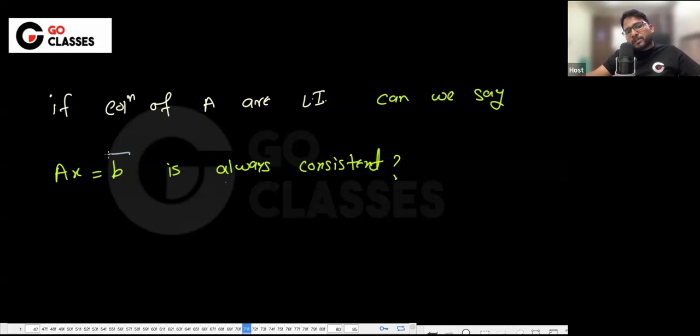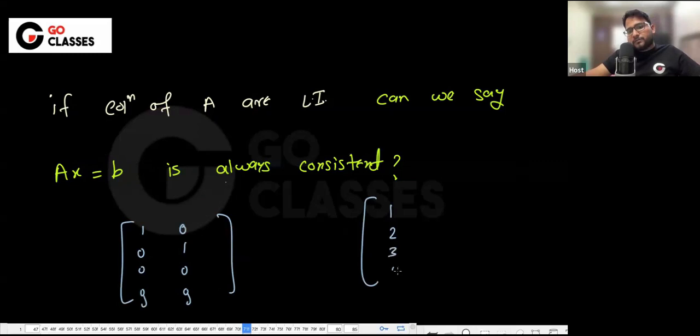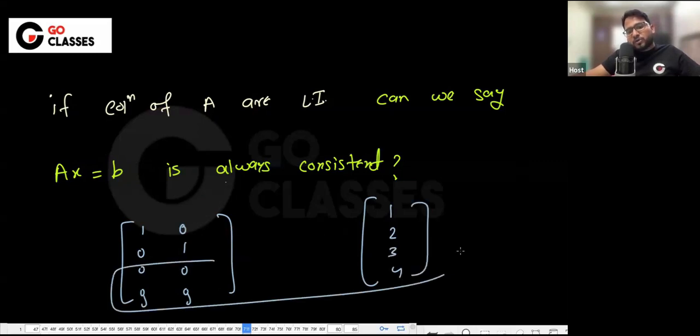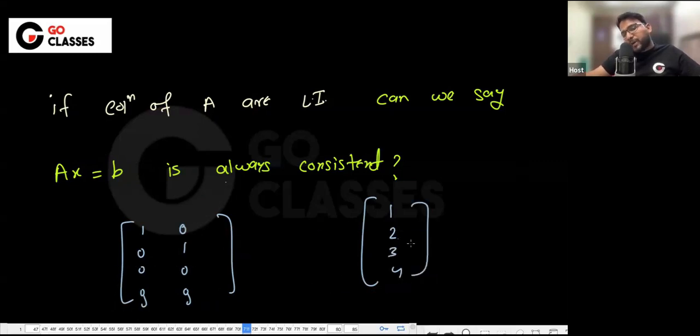See, it may be possible this b is out of the column space, right? Let's suppose you just have two columns, and then obviously using these, you can't get 3 4, right? So b may not be in the column space.